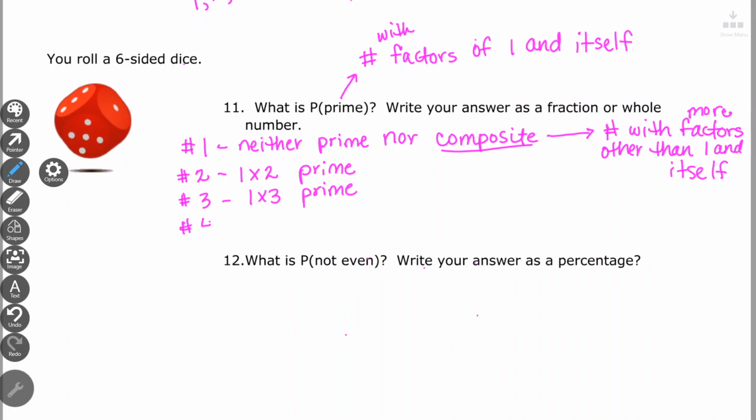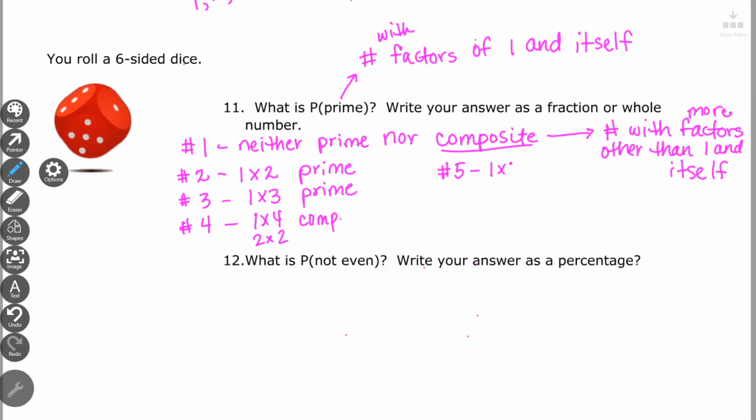Okay, what about the number 4? We can say 1 times 4, and we can say 2 times 2. So, because the number 4 has more factors other than 1 and itself, we know that the number 4 is composite, and I'm just going to abbreviate. All right, so now let's look at the number 5.